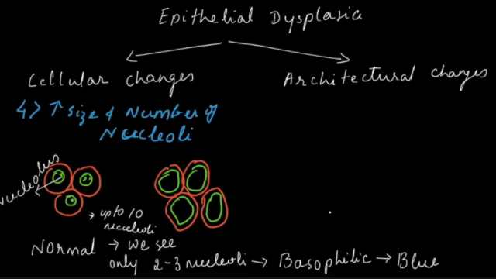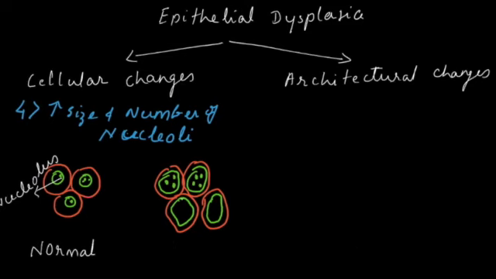This is because nucleolar organizing regions of specific chromosomes combine the several chromosomal nucleoli into a common nucleolus. That is why in a normal cell we see only 2 to 3 nucleoli.